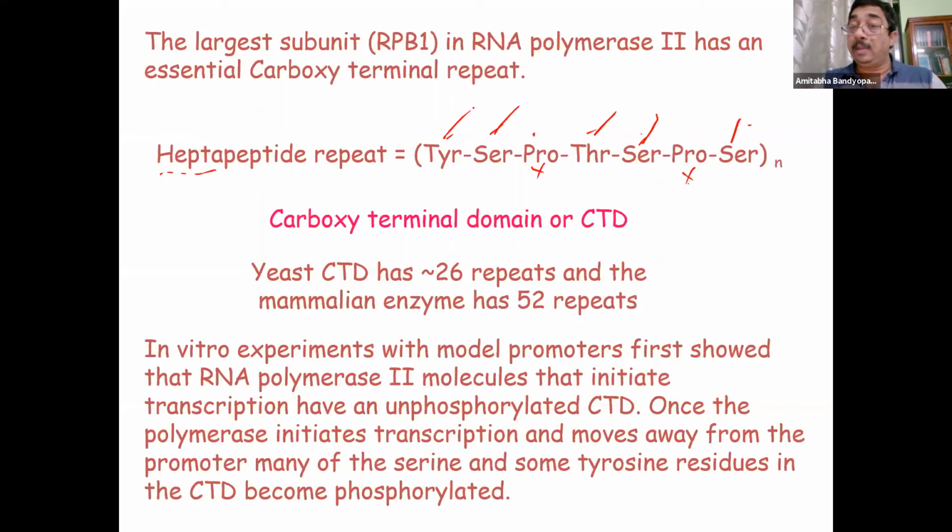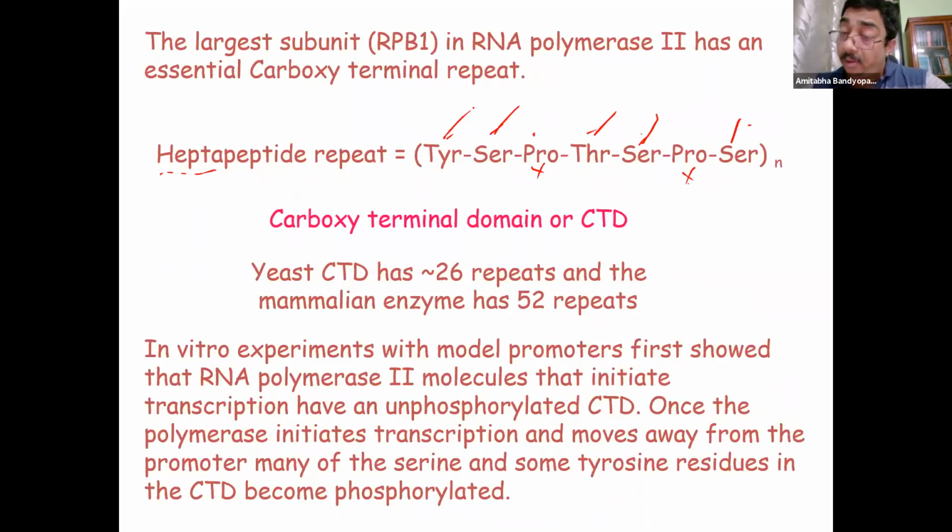When that happens, it needs to be capped. Depending on the phosphorylation status, it will acquire the property of interacting with the protein complex that can do the capping, the capping enzymes.